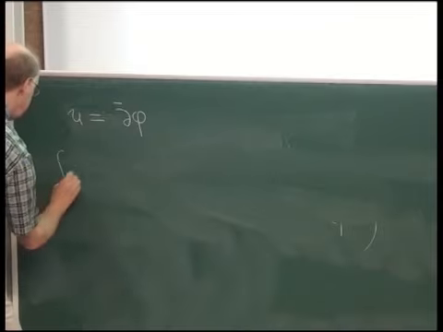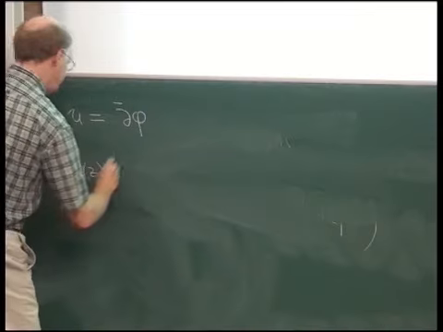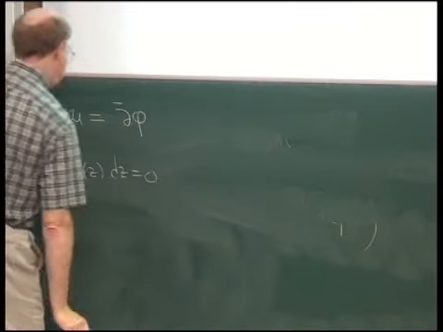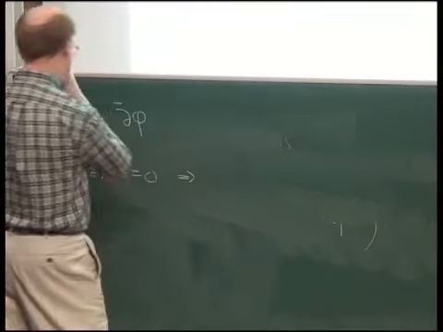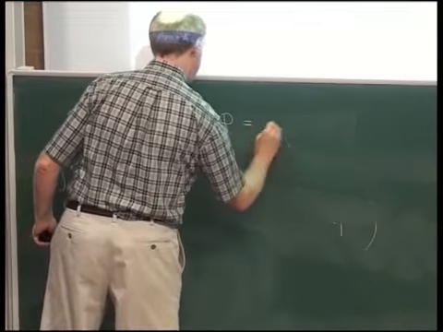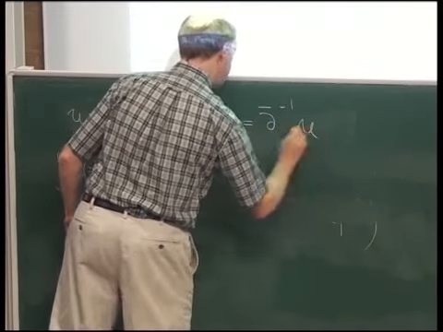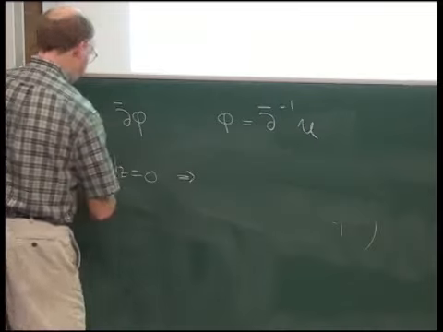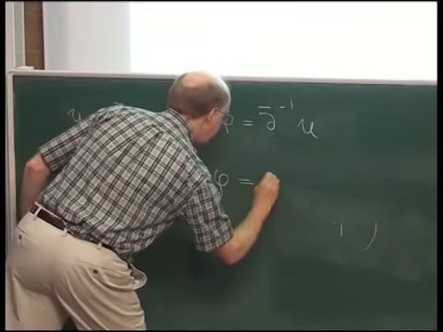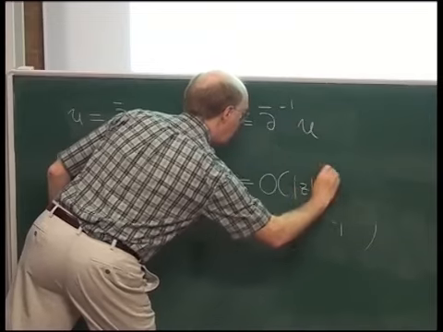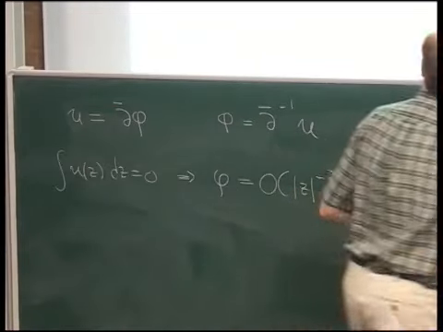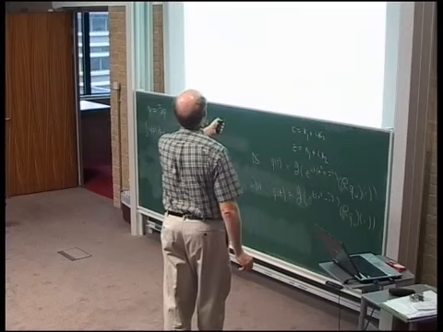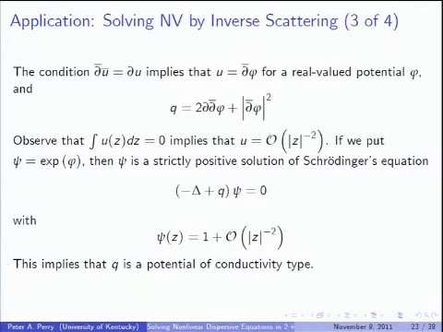And this is really saying, okay, so this means that phi is d bar inverse of u. And the fact that u has integral 0 means that phi, not u, is of order z to the minus 2. Okay? Now, this should have said phi rather than u here.